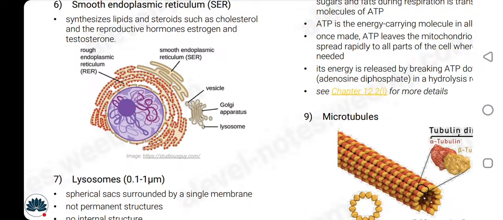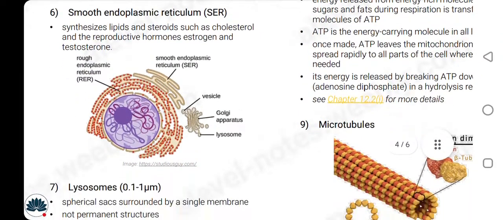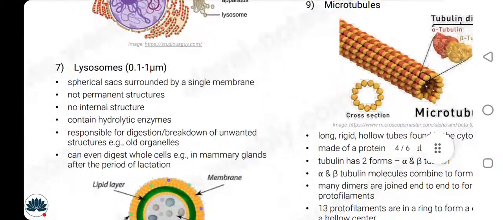This is not a great explanation written here, but it is in the book. Now, what is basically important is lysosomes, which are 0.1 to 1 micrometer in size. They are spherical sacs surrounded by a single membrane, not permanent structures, with no internal structure.